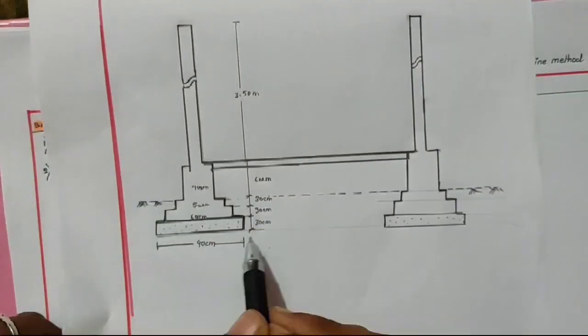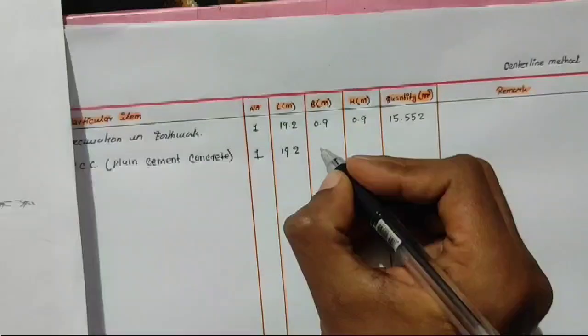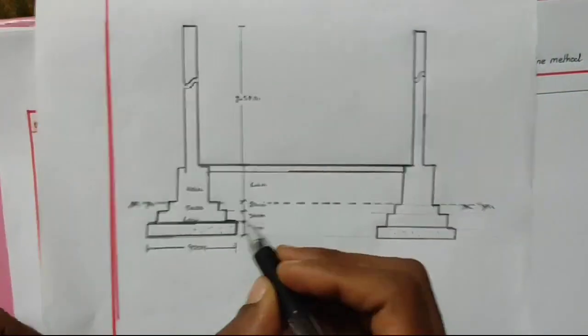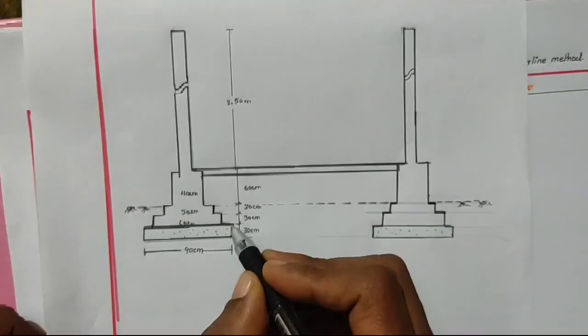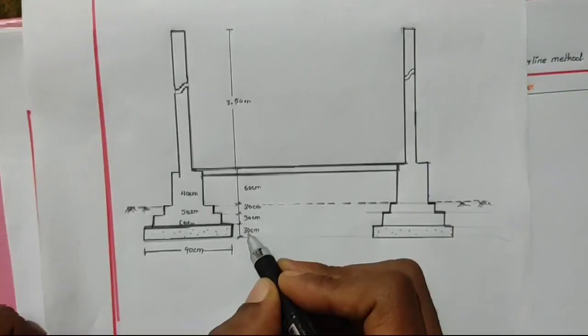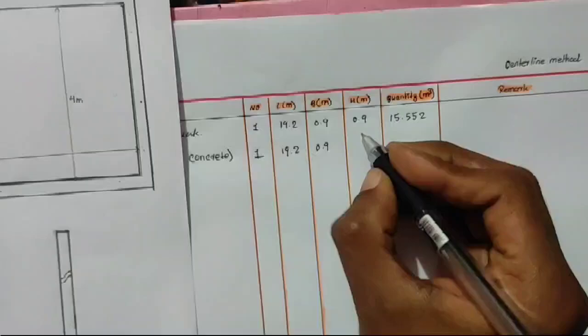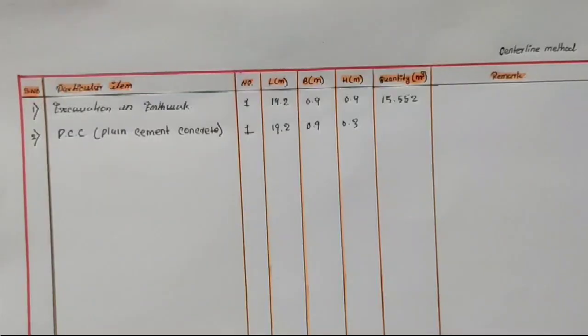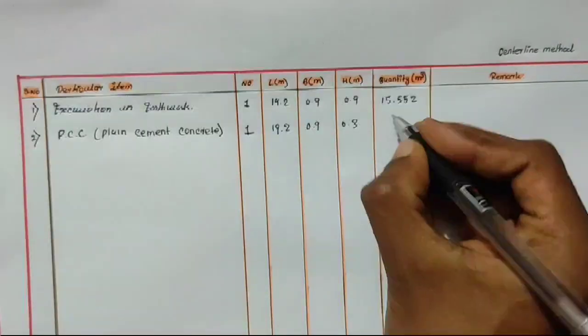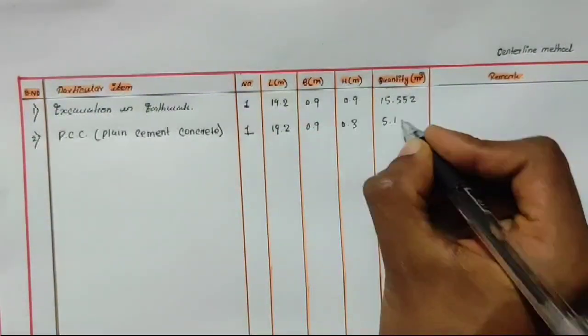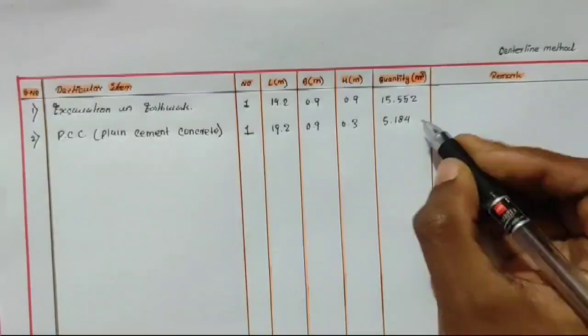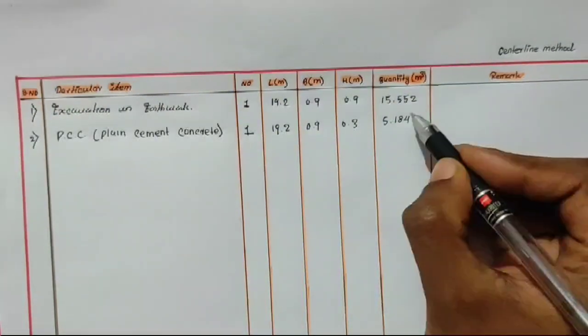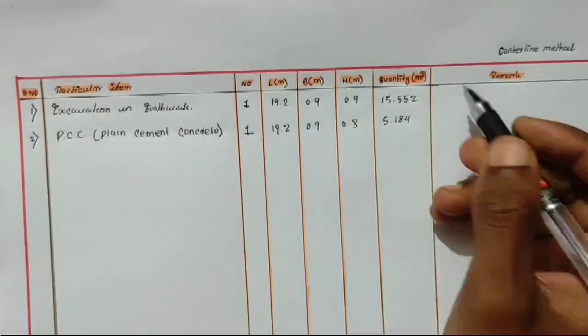Breadth for PCC is 90 centimeters, so 0.9 meter. Now you have to check the height. We are doing PCC only for this, so height is 30 centimeter, which is equal to 0.3 meter. So we have got 5.184. The quantity unit is meter cube.